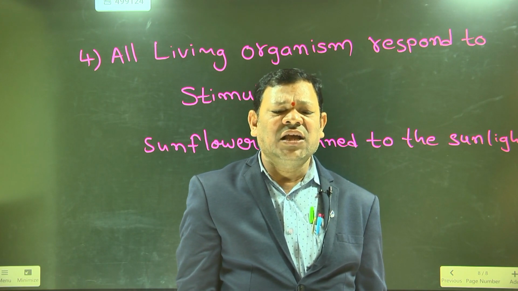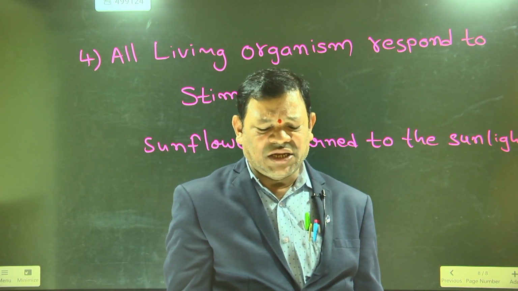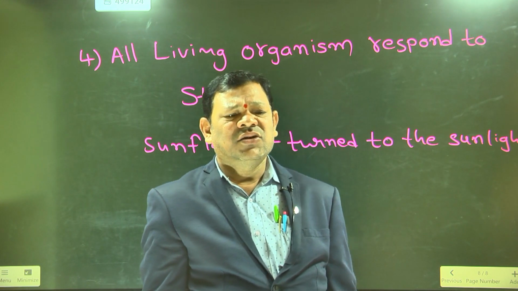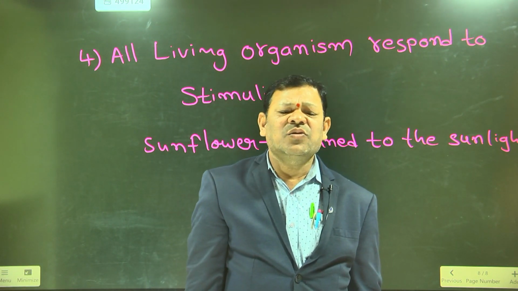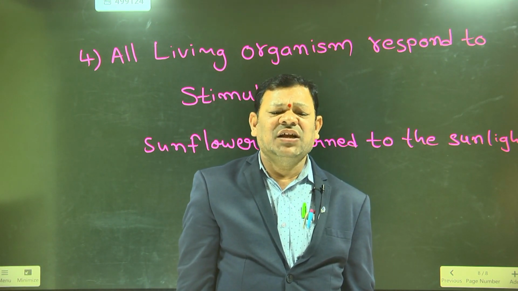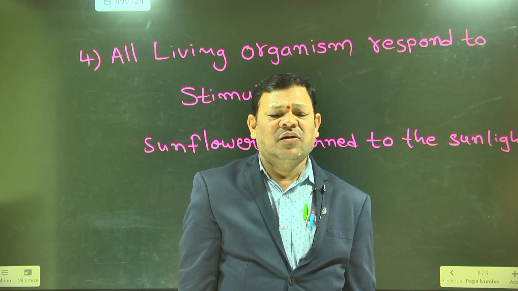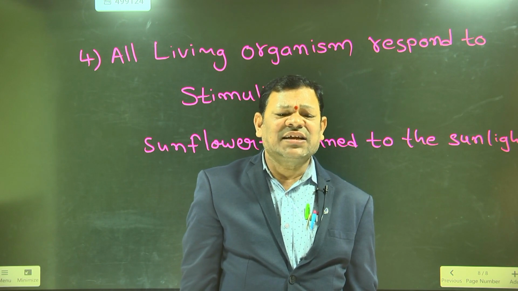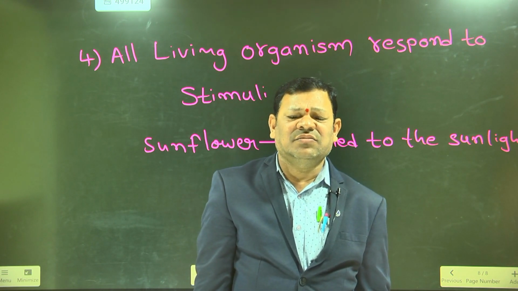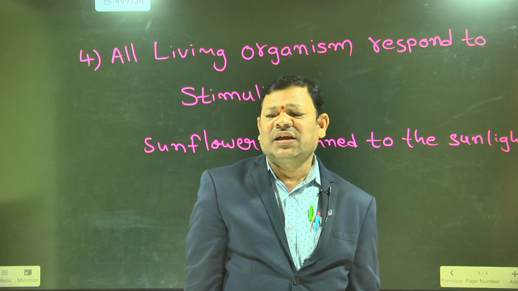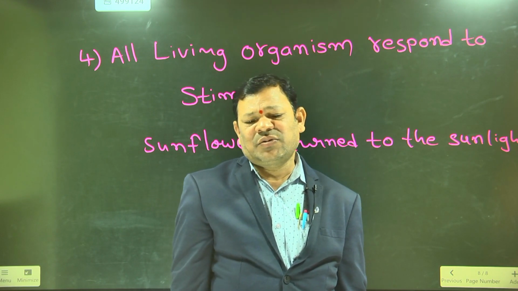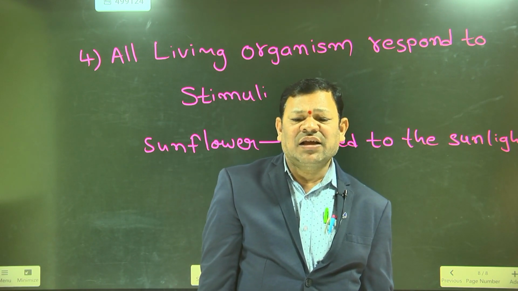If I am loudly calling, they come near to me. Especially in plants, you know very well, they respond to the sunlight. So that is a characteristic feature of living organisms. But if I shout at non-living things, can they respond to the stimuli? They can't.